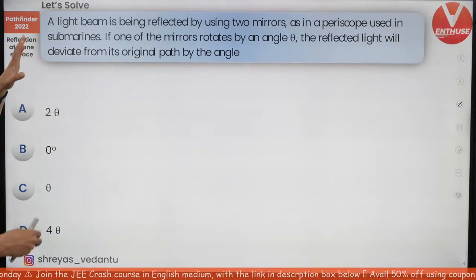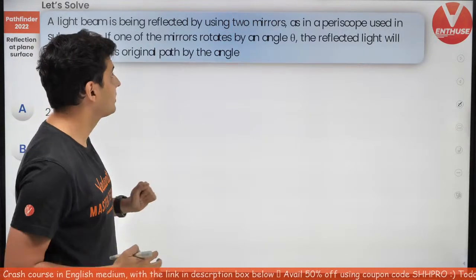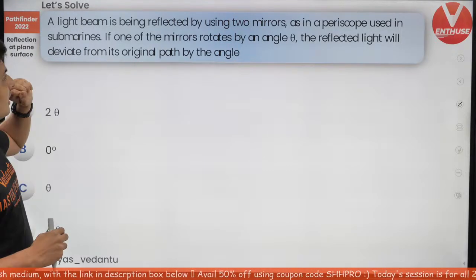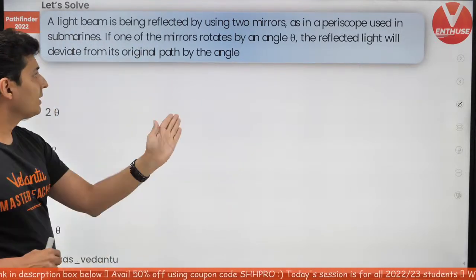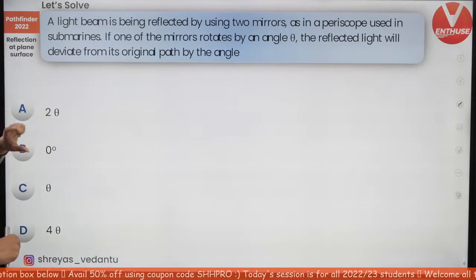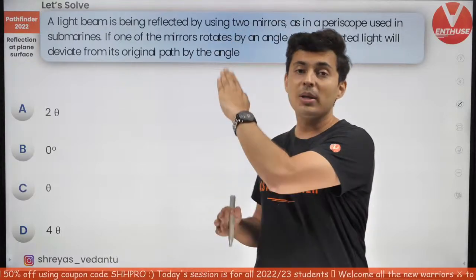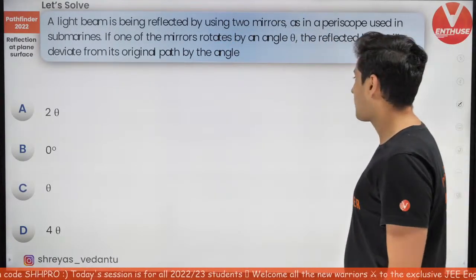A light beam is getting reflected by two mirrors, as in a periscope used in a submarine. If one of the mirrors is rotated by theta, the reflected light will deviate from its original path by how much? I will help you with the diagram.